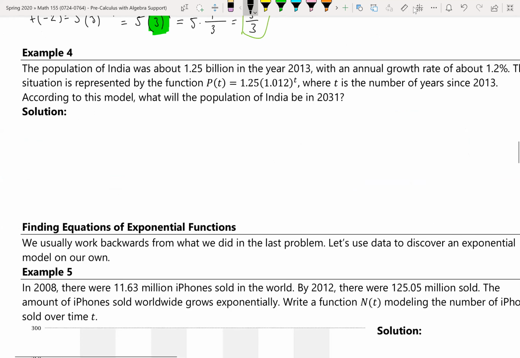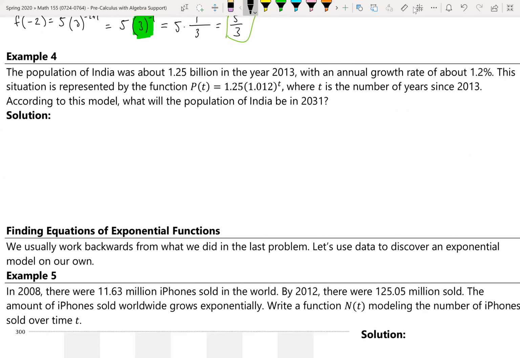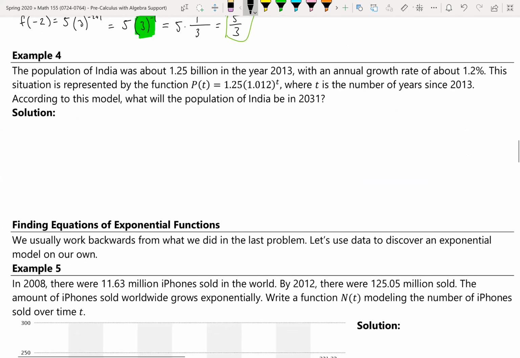So in this question, we're talking about the population for the country of India. It's about 1.25 billion with an annual growth rate of 1.2%. In this case, I give you the formula, but let's go ahead and try to derive it. So we have f of x equals a times b to the x.